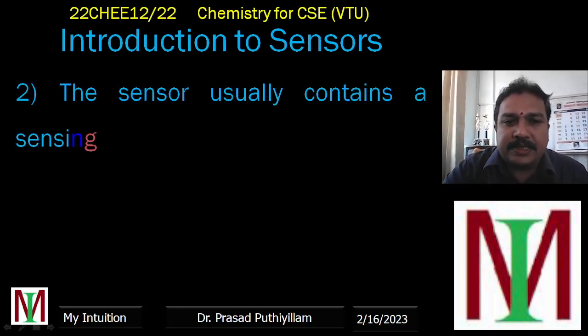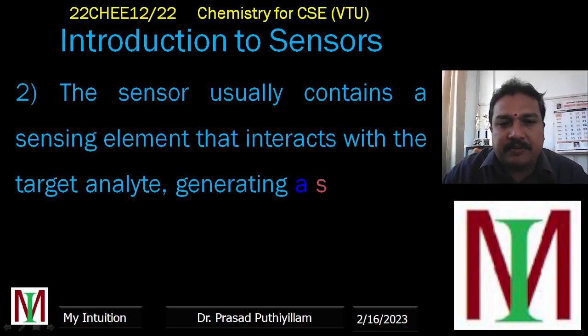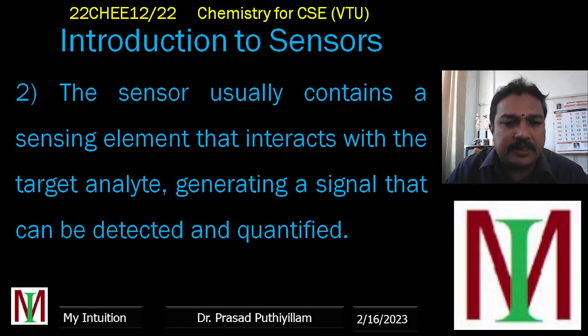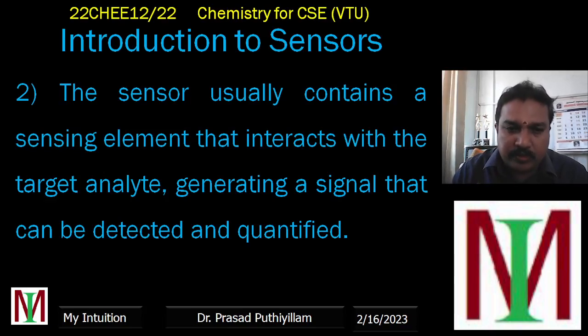The second point says that the sensor usually contains a sensing element that interacts with the target analyte, generating a signal that can be detected and quantified. So it has a chemical substance which is used to sense the target analyte. Analyte means the one which you want to analyze. So there is a target analyte.